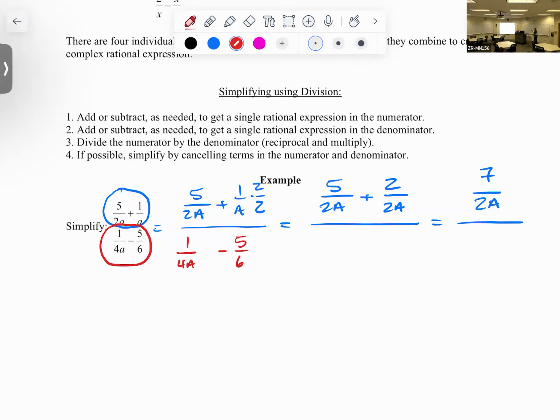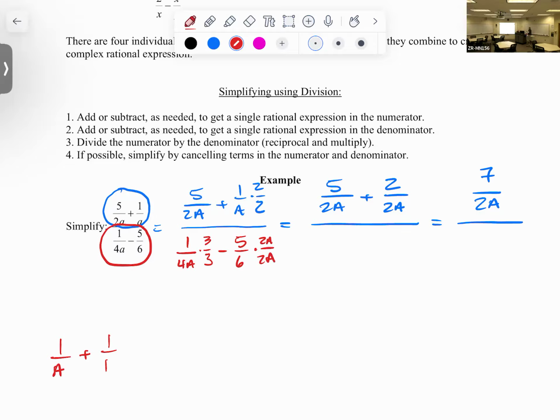Just basically like we had 1 over a plus 1 over 1. What's the common denominator? A. Remember, you have to add the variable in, which means this one needs to be multiplied by 3/3 and this one needs to be multiplied by 2a/2a.